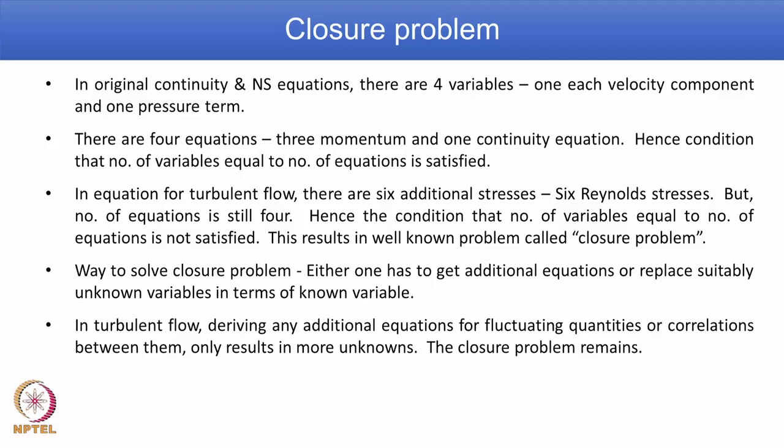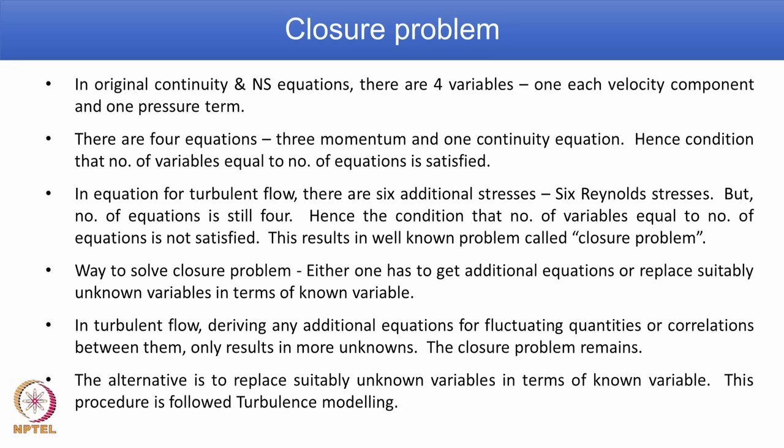But every time you write an additional equation, it will only end up in more unknowns. Hence, the closure problem remains. The alternative way is to suitably replace unknown variables, that is the stress u_i prime u_j prime bar, in terms of known variables. This process, replacing an unknown variable by a known variable, is what is called turbulence modeling.